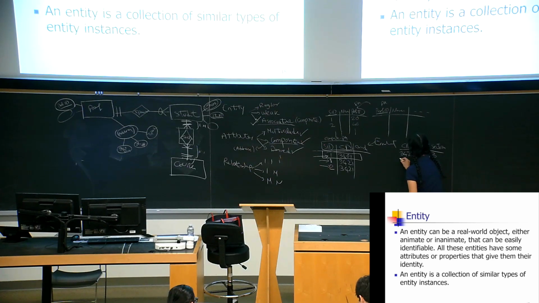And then we have 3421, section A. So this is a course table, right? What is the unique identifier in the course table? Wait, so the primary key would be the course ID and the section? The primary key could be the course ID and the section.